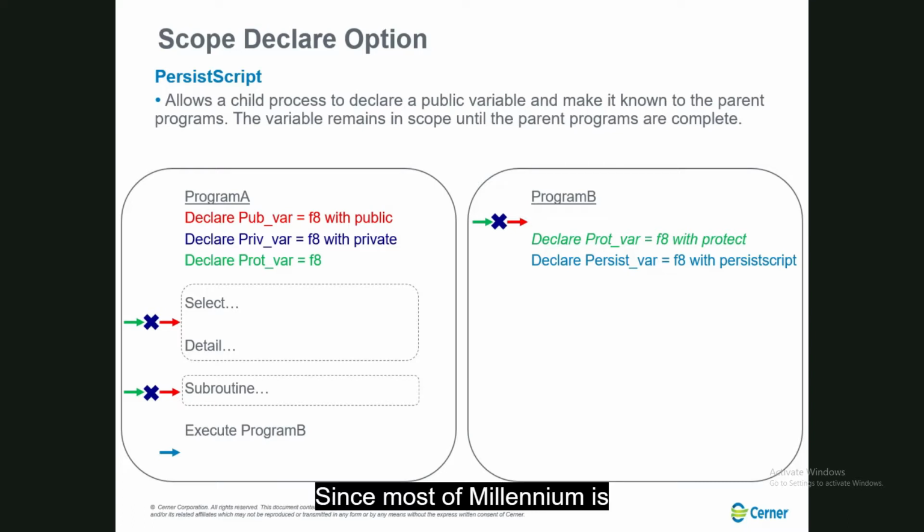Since most of Millennium is run through SCP servers, if the variable were to persist beyond the highest parent program, then the variable would live on even after all programs in that workflow have completed executing. Thus, the variable would persist until the server is cycled. This has the potential of negatively impacting any subsequent programs run on that server. Persist Script goes to the highest script running rather than the highest process.